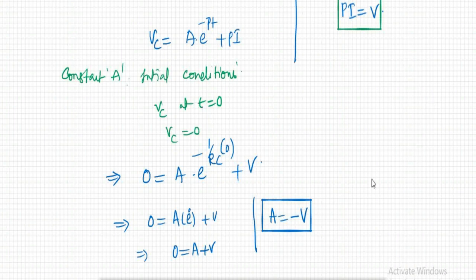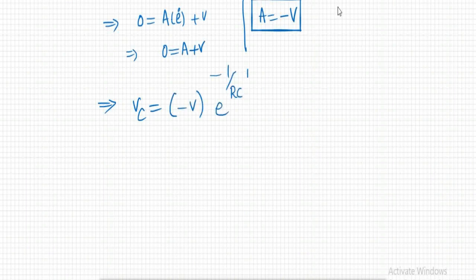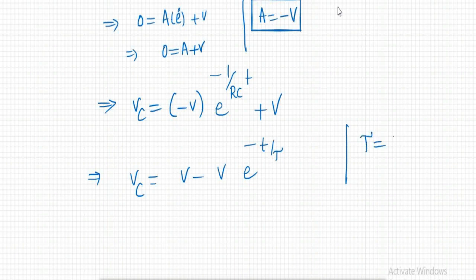I am going to substitute this back in our voltage across the capacitor, Vc. In place of A, I substitute minus V: minus V e power minus 1 by RC into t, plus V. If you rearrange it, that will be V minus V e power minus t by tau, where tau is RC, the time constant of the series RC circuit.